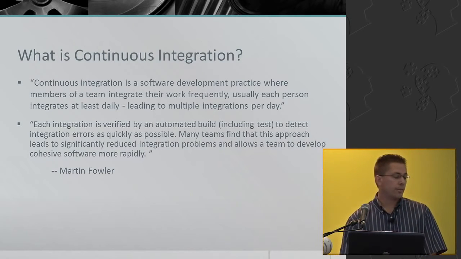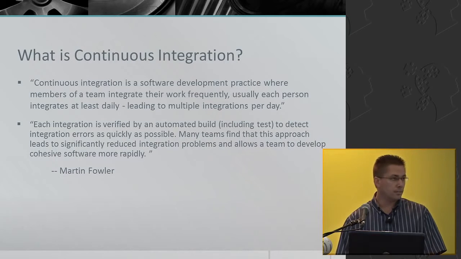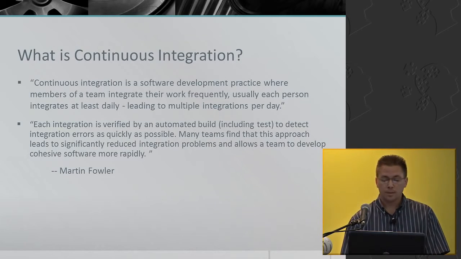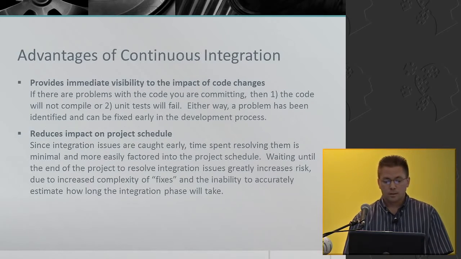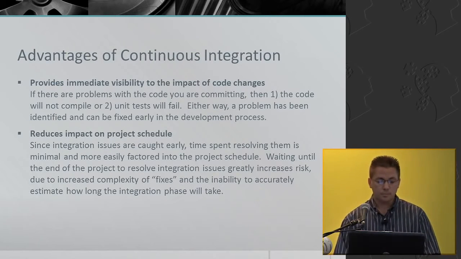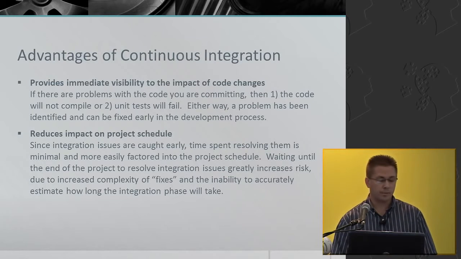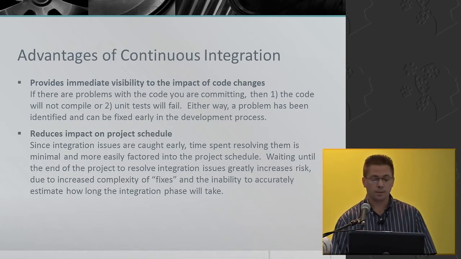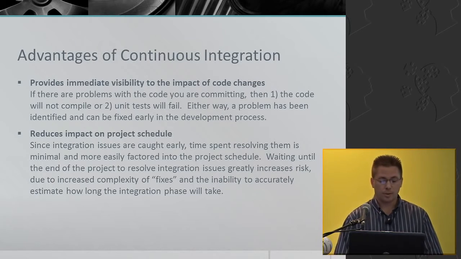And it can even go as far as deploying your source code out to a remote server, such as a web server. So some of the advantages that you'll see with continuous integration, since everybody's bringing their code together every day, you're going to have immediate visibility to the impact of your code changes on the overall code base. So again, you can fix any problems right away.